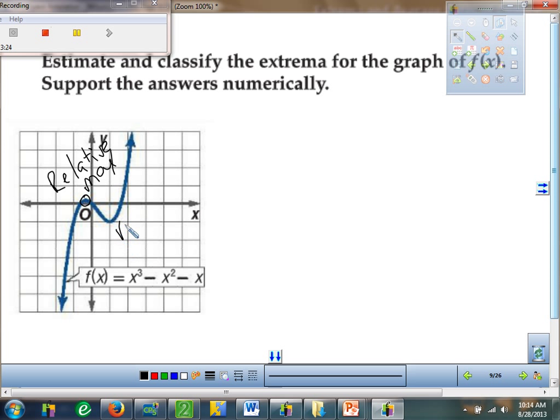And then this would be a relative minimum, because we hit that point and start going back up. So we're talking about this point and this point.